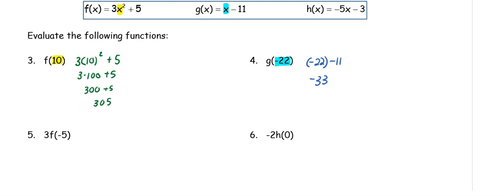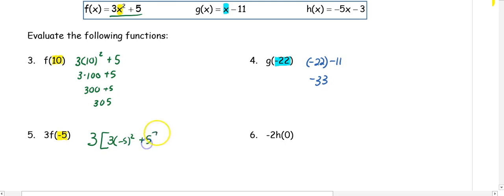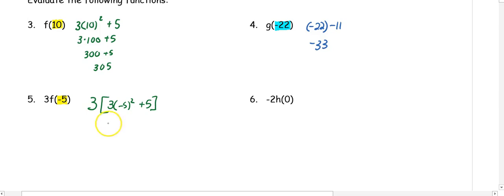Number 5, we have 3 times f of negative 5. We're going to put negative 5 in for x still, but because this 3 is there, we're going to put that on the outside, with the function in brackets. So 3 times the bracket of negative 5 squared plus 5. With order of operations, we have to do that grouping sign first and leave the 3 on the outside.